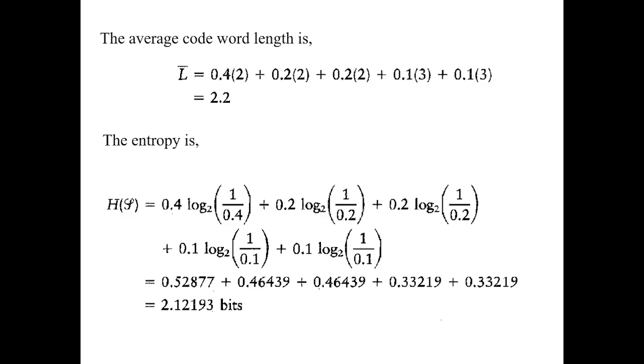After doing all those steps, you go for the entropy calculation. For entropy calculation, as we studied in the previous section, the formula is the sum of p_k log base 2 of 1 by p_k. You substitute those values here: 0.4 log base 2 of 1 by 0.4, and we continue for the 5 alphabets. After substituting those values, we get the entropy as 2.12.